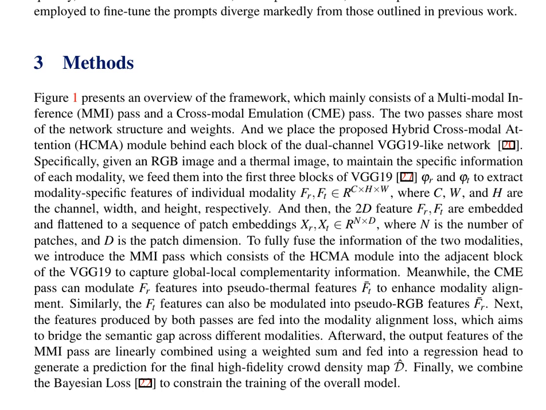The features produced by both passes are fed into the modality alignment loss, which bridges the semantic gap across different modalities. The output features of the MMI pass are linearly combined and fed into a regression head to generate a prediction for the final high-fidelity crowd density map. The Bayesian loss is used to constrain the training of the overall model.